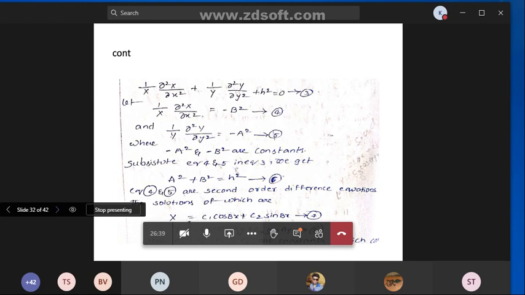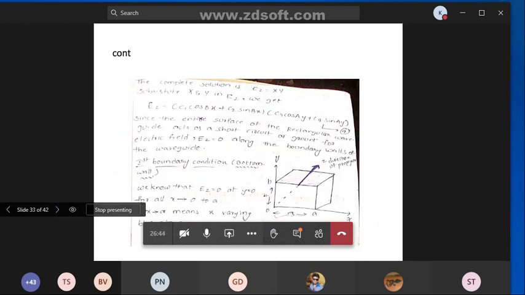Then you will get Ez equal to (c1 cos bx plus c2 sin bx) and (c3 cos ay plus c4 sin ay). So substitute X and Y in the Ez equation.